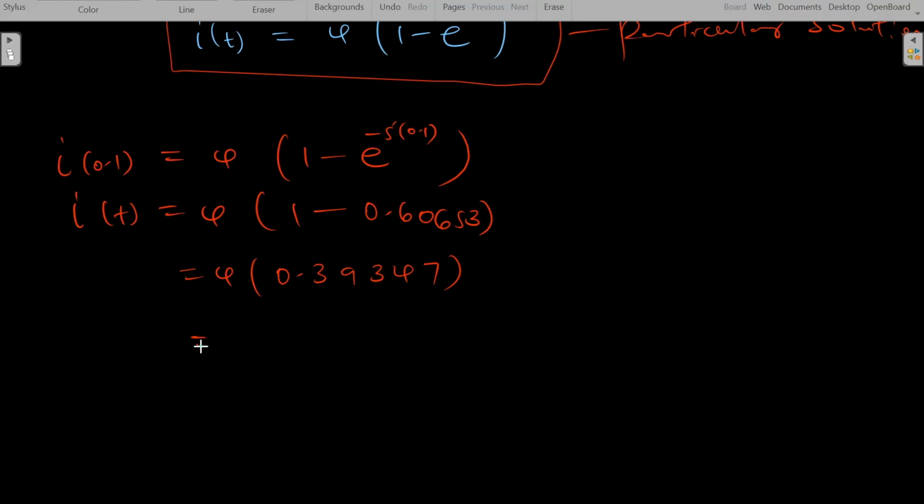Multiply that by 4, and I should get 1.57388, and it's in current, so this should be ampere. Please check all the SI units well.